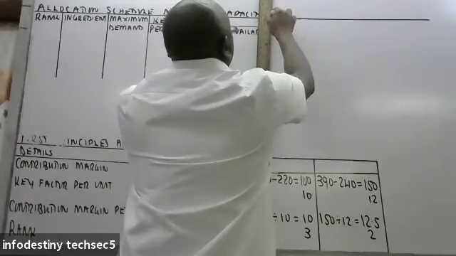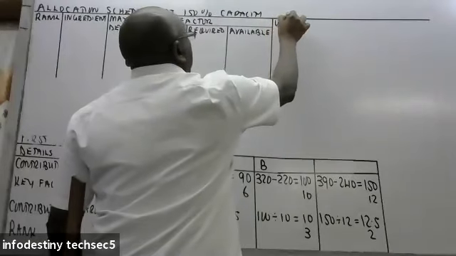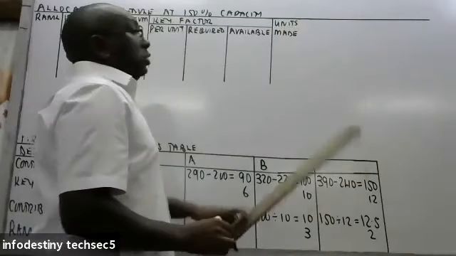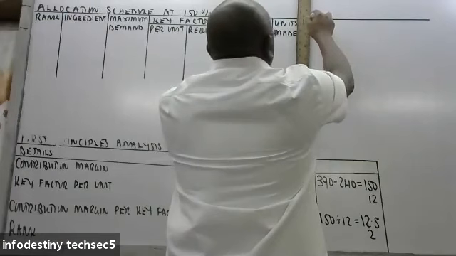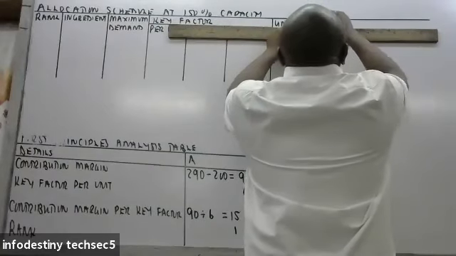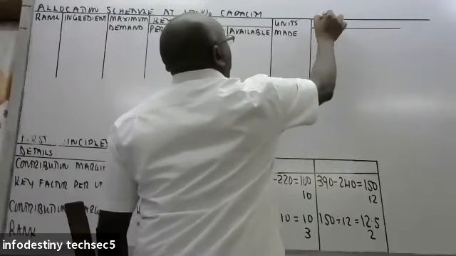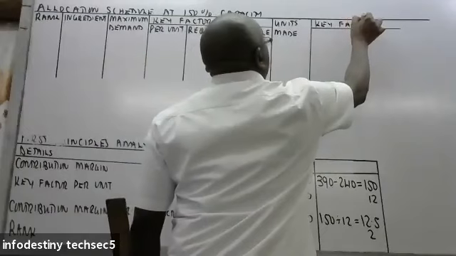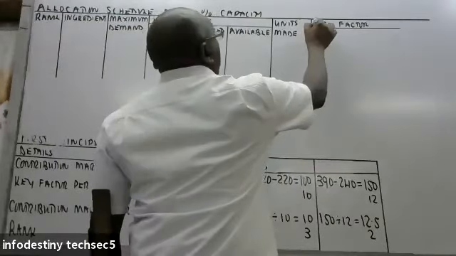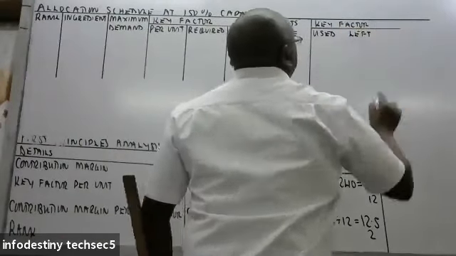Then from there we say units made. Then we again bring the key factor, and this key factor, we talk of the used and the rest or the remaining.